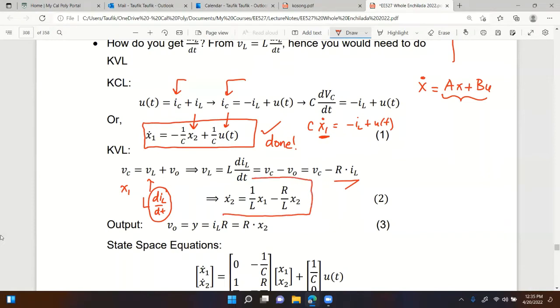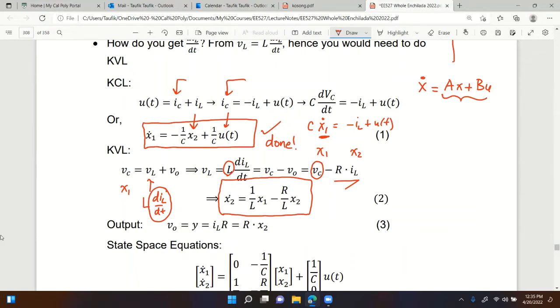Divide both sides by L, and you get x2 dot, because that's dI_L/dt, that's our x2 dot, equals V_C, which is our x1, and R, which is just a constant, and I_L, which is our x2. And then you have to divide both sides by L to get rid of this L from the left-hand side. And you get 1 over L times x1 minus R over L times x2 for the x2 dot equation.